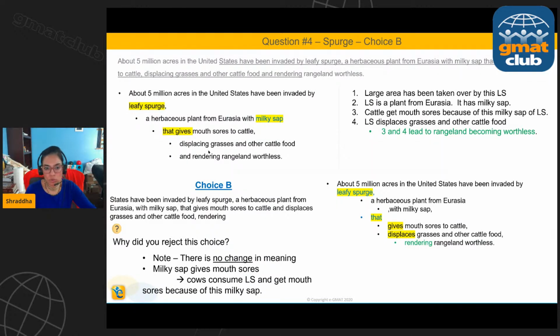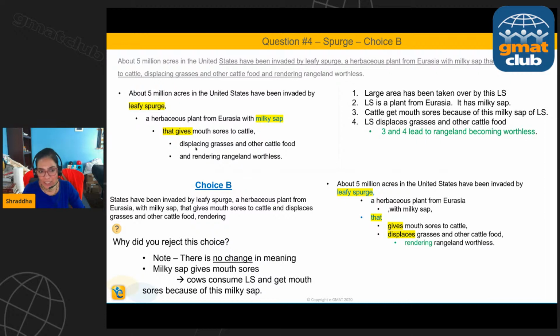But the point to note here is that you remember I spoke about two criteria that a comma plus verb-ing modifier must meet for the correct usage. The second criteria is that the subject must logically connect with the modifier. Now, does it make sense? I mean, the modified action and the doer of the modified action should be the same as the doer of the modifier action. Do you think that 5 million acres logically associate with displacing grasses?